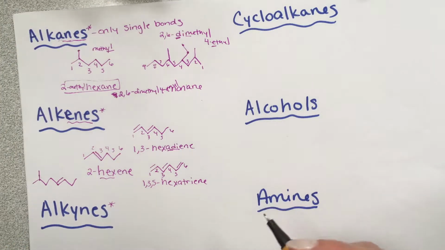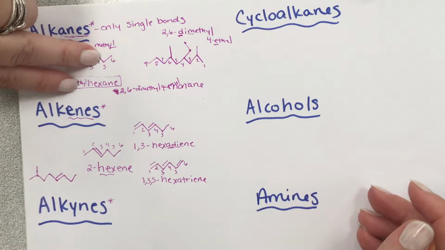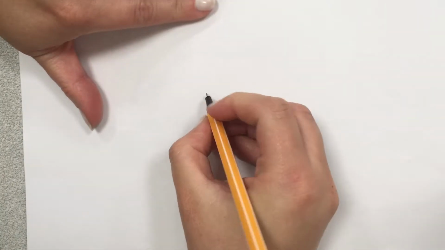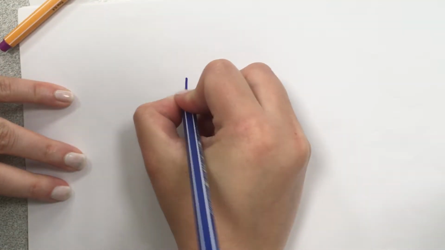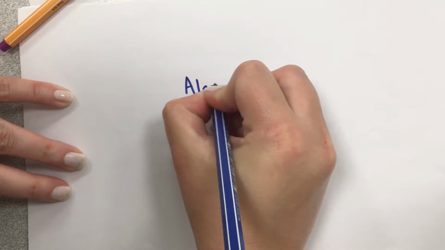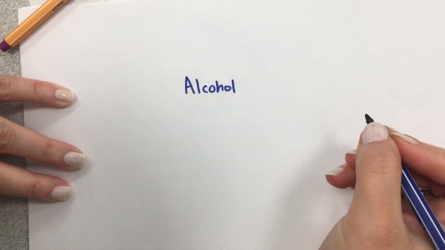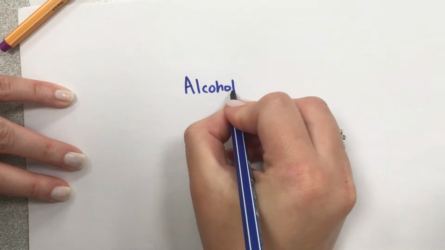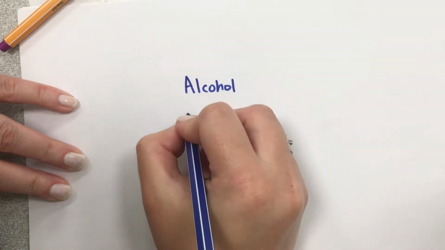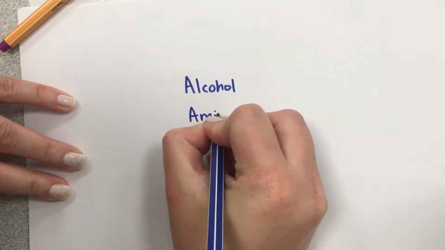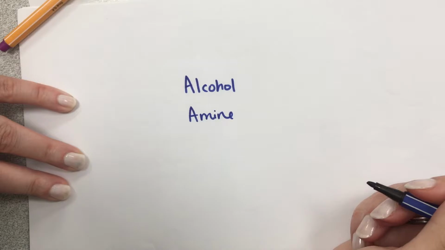So there is a list of priorities as far as where you number your parent chain carbons. And the list goes like this. The highest priority will be an alcohol. So if there's an alcohol in the molecule, you definitely want to put this one on the lowest number of carbon. If there is an amine present, this is second in priority.